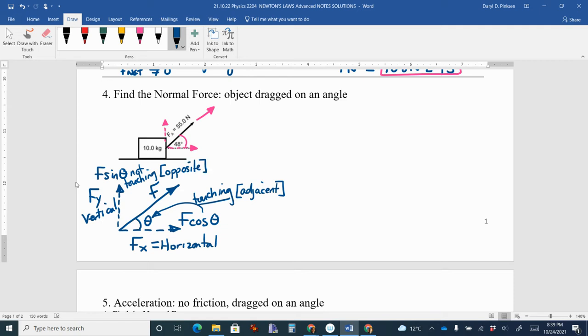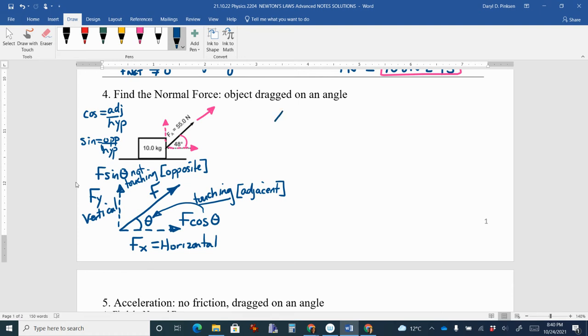If you remember your trig, your cosine is adjacent over hypotenuse, and your sine is opposite over hypotenuse. So this is where it comes from. And my goodness, now I have a whole bunch of notes written there. But basically, the component that's touching the angle is multiplied by cosine. The component that's not touching the angle is multiplied by sine. I'll show you how this works.